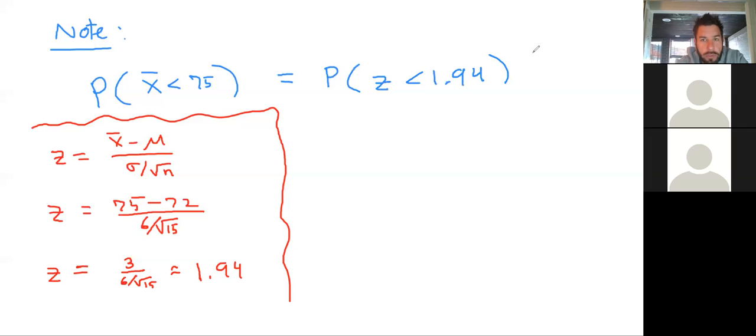So this is the important step. We have to go from our X, we have to shift, or transition, to the standard normal distribution.